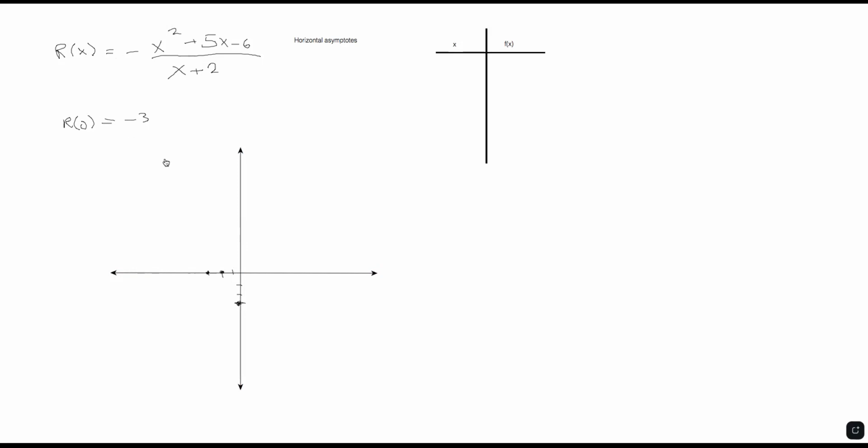Oh no, it's 2 and 3. My bad. They're both positive. So we have an intercept at 2 and at 3. That tells me the function is going to look something like this.